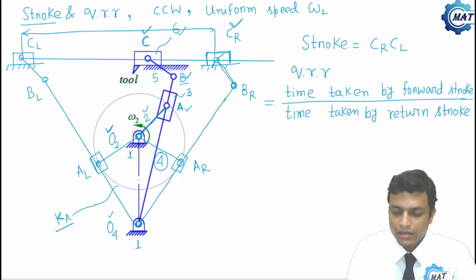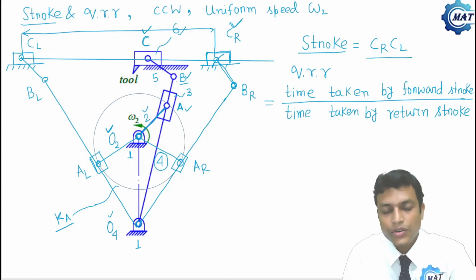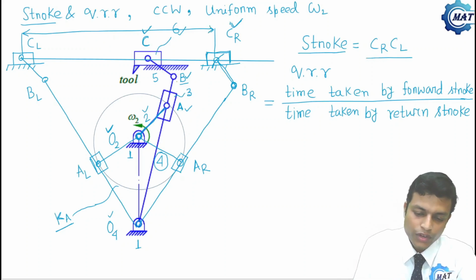We know that stroke is CRCL, that is the distance between two extreme positions of point C.